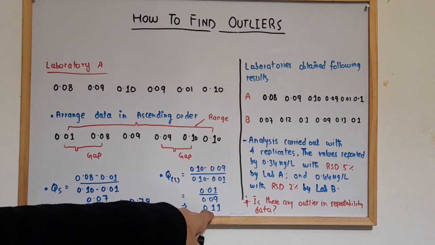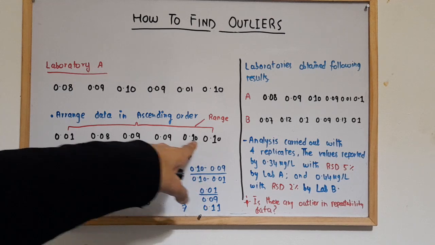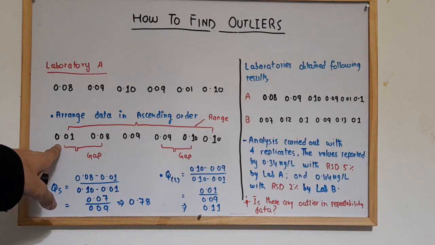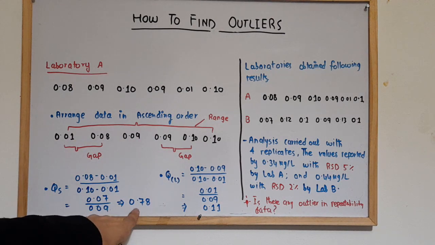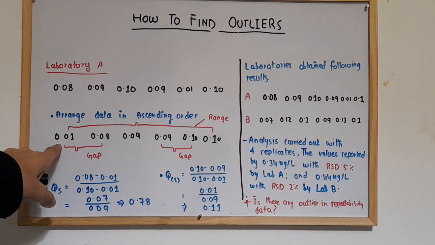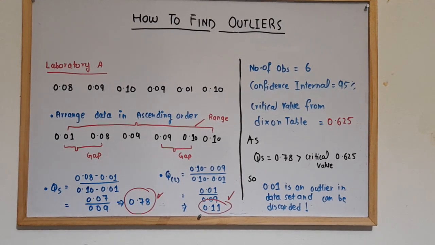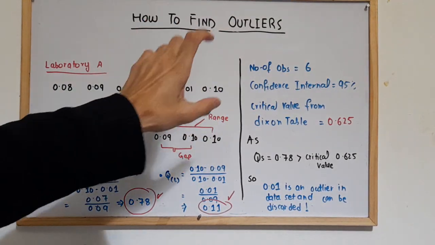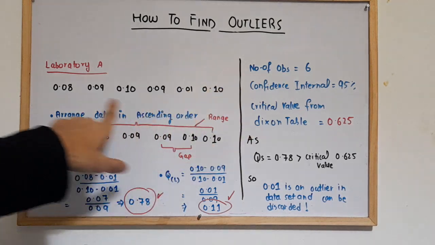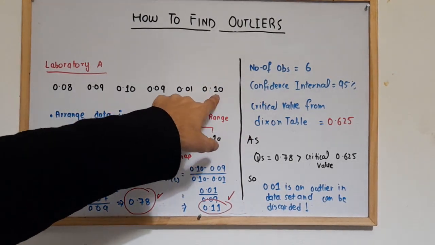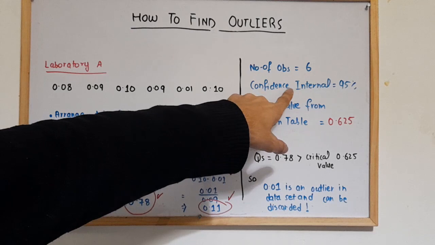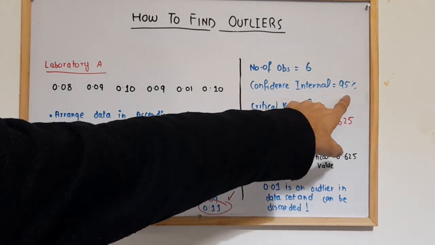If a value is outside our critical value, then we have to discard it. If 0.78 is outside our critical value, we have to discard the first one. We will check using the Dixon table. The number of observations is 6, and the confidence level that we take is 95%.